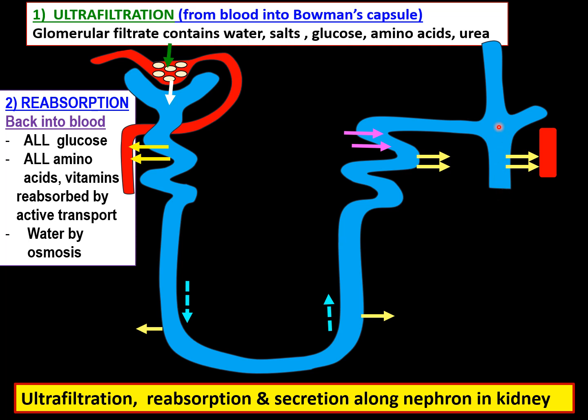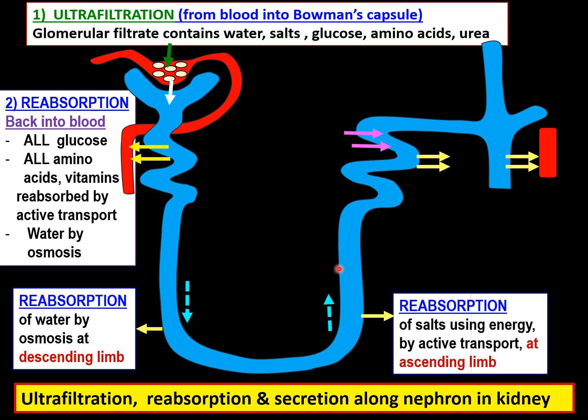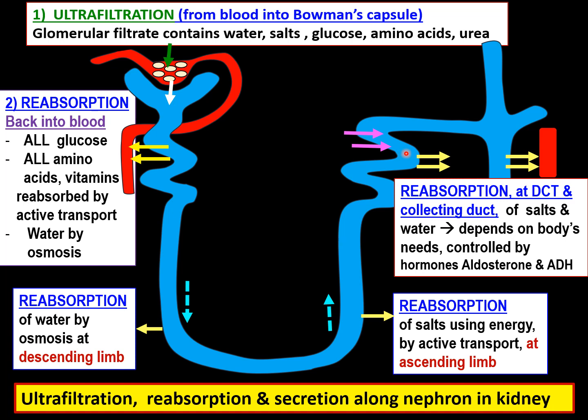So there are four places where reabsorption occurs: the proximal convoluted tubule, the loop of Henle, descending limb and ascending limb, and then the distal convoluted tubule and the collecting duct. For reabsorption, substances that are useful to the body are reabsorbed back into the blood.